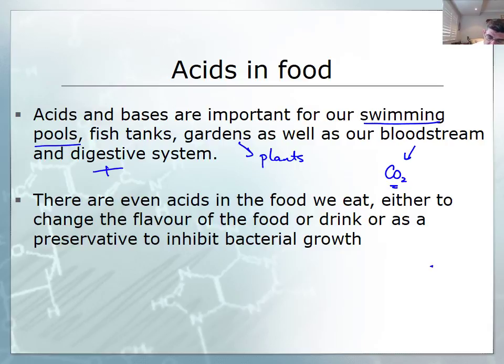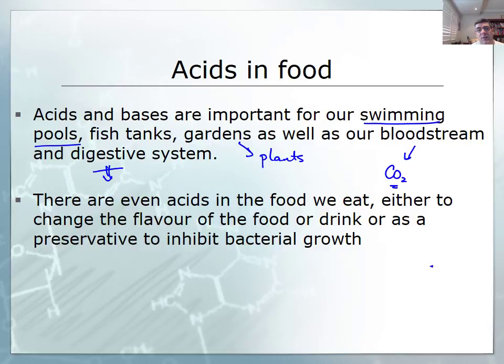And also components of our digestive system involved in the breakdown of different types of foods that we eat are also pH dependent, some on basic, some on very acidic, such as the stomach, and others on neutral pH values.